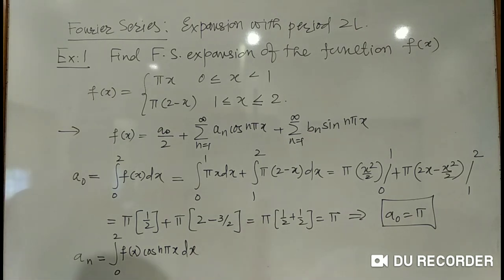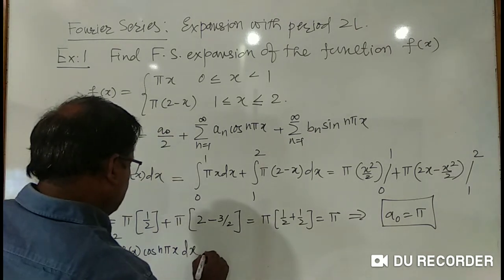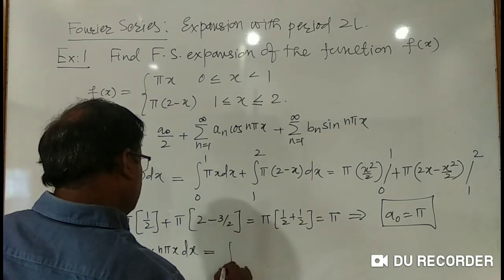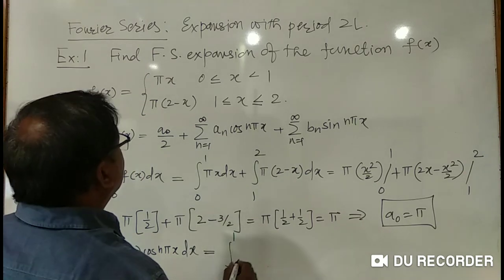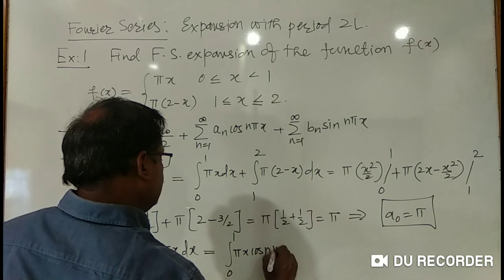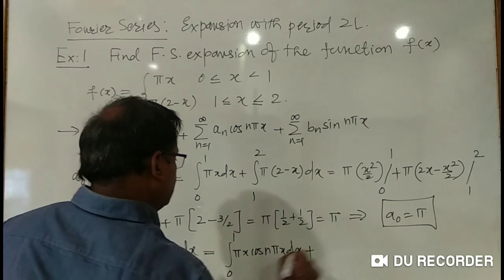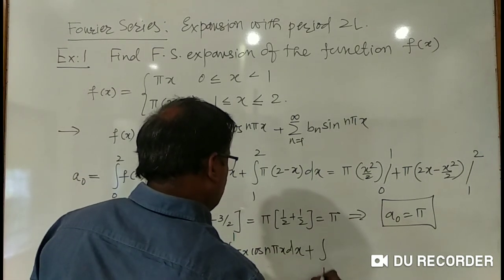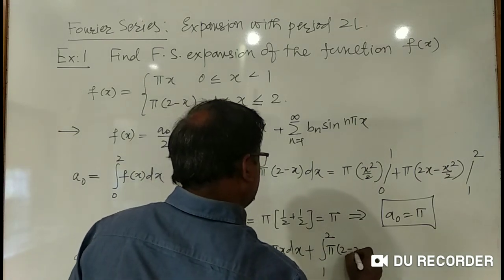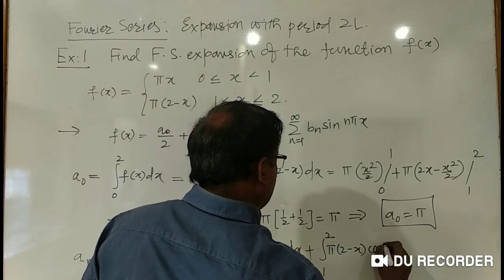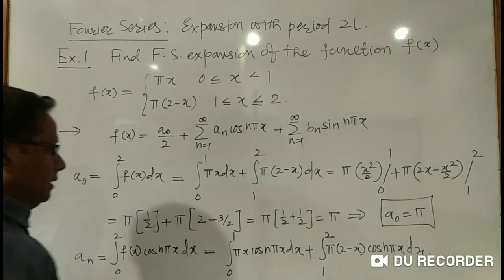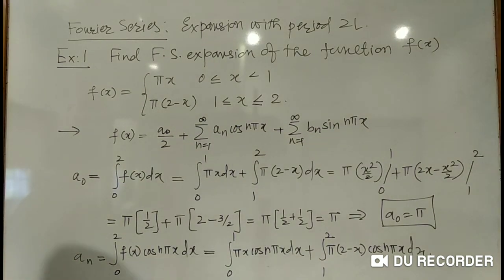This integral can be split in these two intervals: 0 to 1, f of x is pi x into cos n pi x dx, plus 1 to 2, f of x is pi into 2 minus x into cos n pi x dx. Now we will evaluate these integrals and find the value of an.